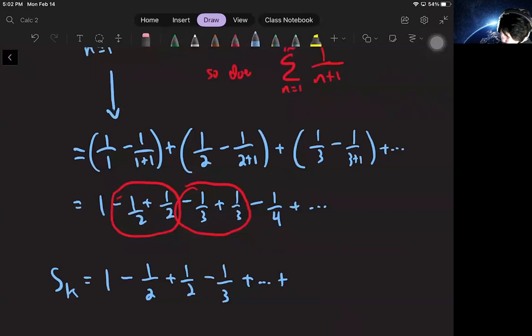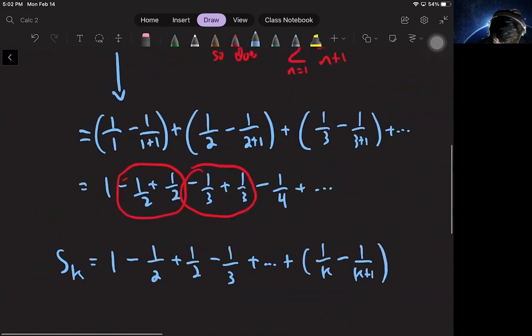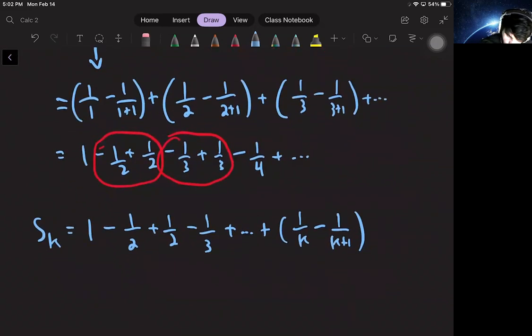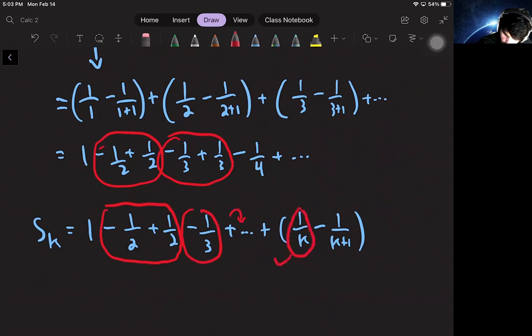So the last thing I'm going to do is plug in k, and that'll be the last term. And now because it's finite, I can actually cancel properly. So I can say these cancel. This one will cancel with the next thing in there. This guy will cancel with the previous one in there in the ellipses.